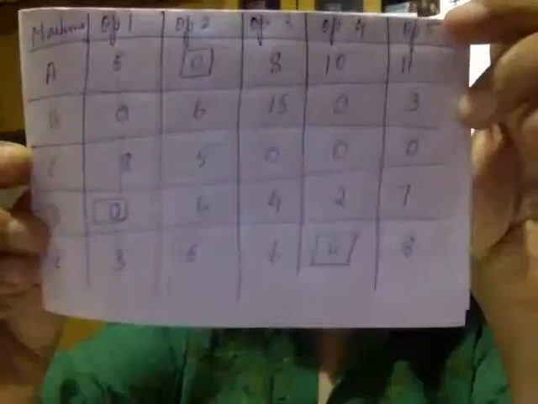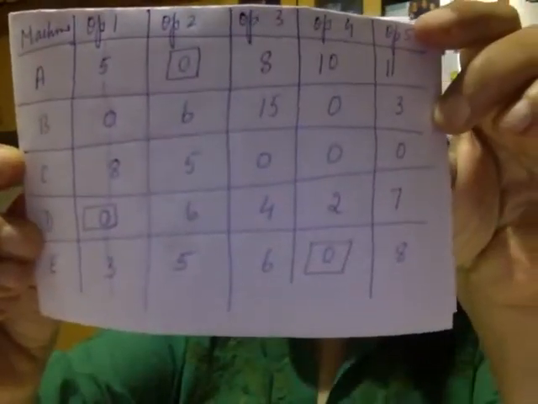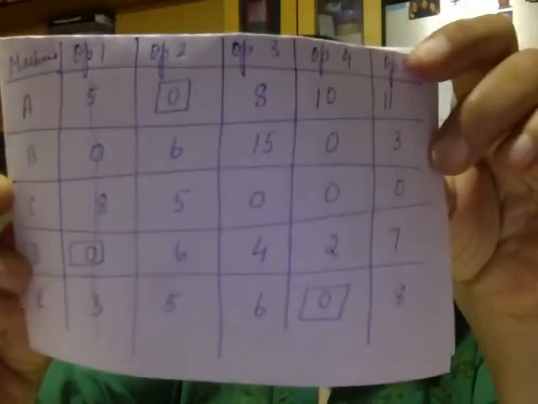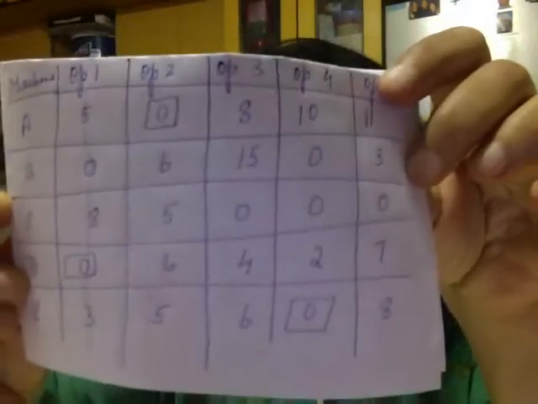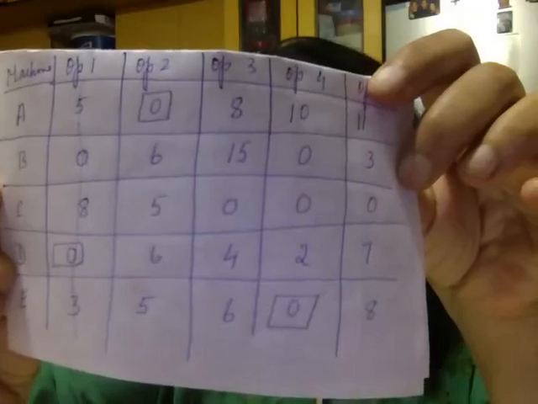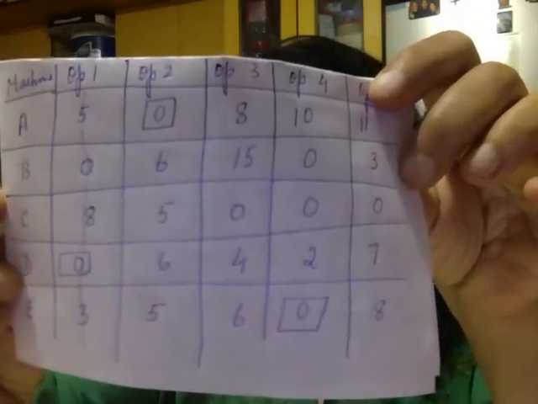Okay? So you have joined two zeros. How many zeros does column 2 have? A single zero. So look at the row. In column 2, there's a single zero.